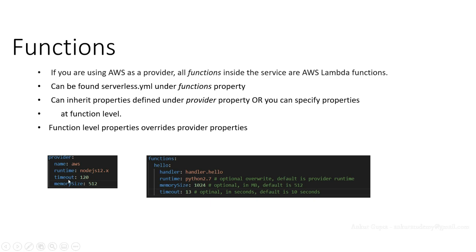For example, here you can see we have some more properties defined under provider like timeout and memory size, and we have also the same properties defined under one of the functions here, hello, with different values. All the functions that we create will inherit the properties defined under the provider by default. But if you want to override one or more of these properties and define a different value for one of the functions, we can always override them by defining them locally for each function.